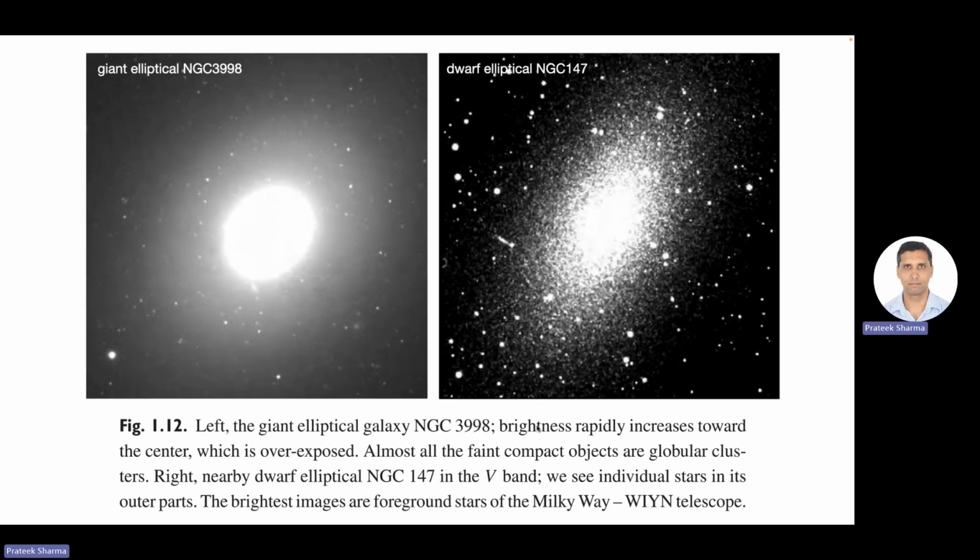So this is brightness distribution. And here, this diffuse thing, this diffuse thing, these are globular clusters. All massive galaxies have globular clusters spherically distributed around them.